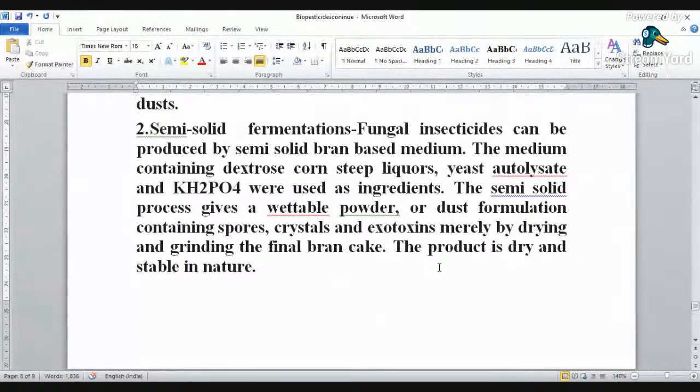So the medium mainly contains dextrose, corn steep liquor, yeast autolysate, and K2HPO4.